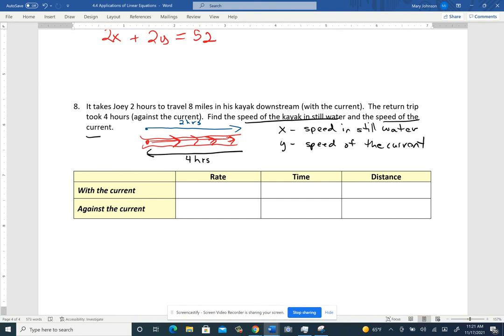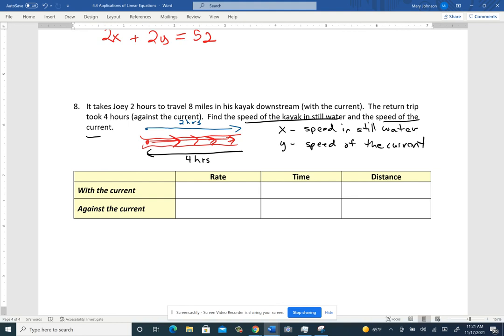And then the reverse can happen too. You might be flying into the wind and that slows you down. So you might see a plane problem instead of a kayak problem. I like the kayak because you can imagine it being just a small creek, so you're not going all over the place. It's like a straight line.